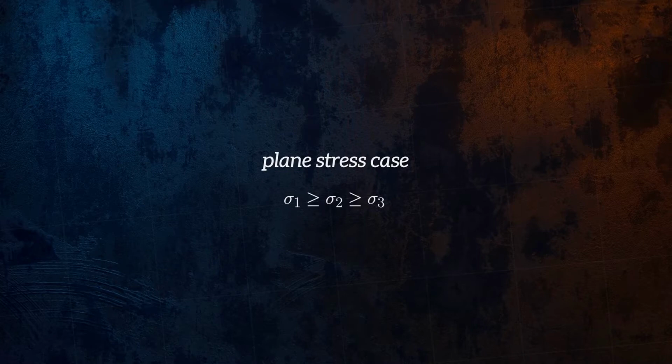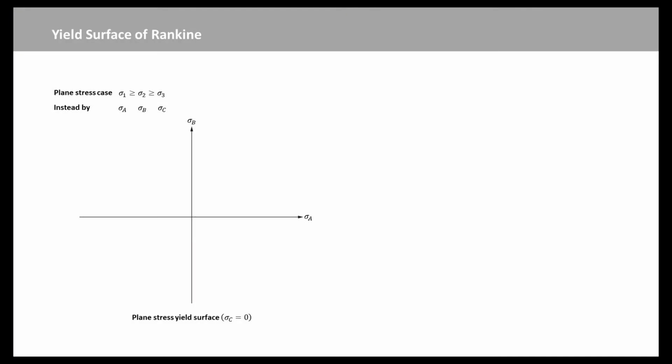But since we don't know yet how the stresses will be ordered, I will refer to them as sigma A, sigma B, and sigma C instead. We will say sigma C is equal to 0, and so the two axes of our yield surface graph correspond to the two non-zero principal stresses, sigma A and sigma B.